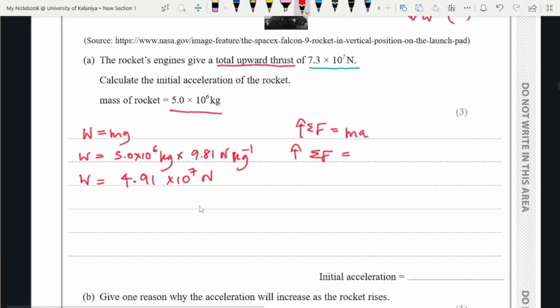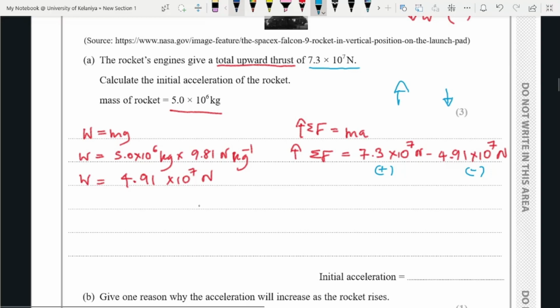Then our thrust is 7.3 times 10 to the power 7 newtons minus our weight, 4.91 times 10 to the power 7 newtons. If I explain it again, this is positive because it is acting towards this direction, and this is negative because it is acting opposite to that direction.